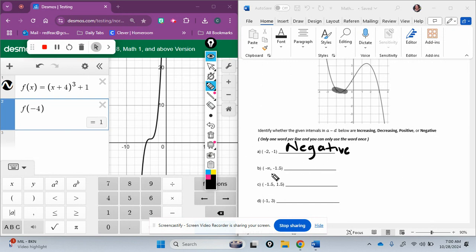And then from negative infinity to -1.5. That's from here all the way over to just this portion right here. The graph from here to here is decreasing because it's going down. So this is your decrease.